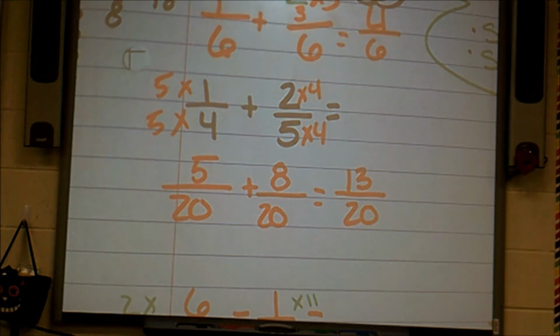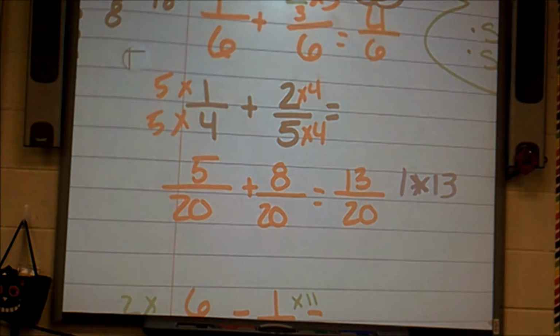Is there any number that I can divide both 13 and 20 by evenly? Well, 13 I know is a prime number, so that means I can only multiply 1 times 13. Those are the only factors for 13, 1 and 13.